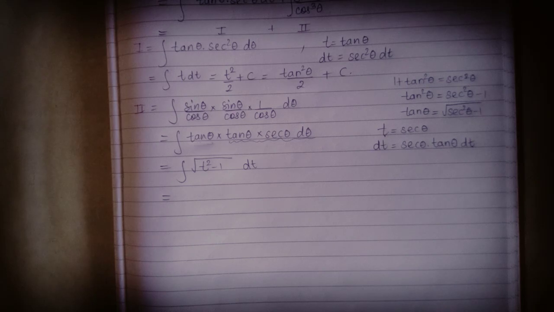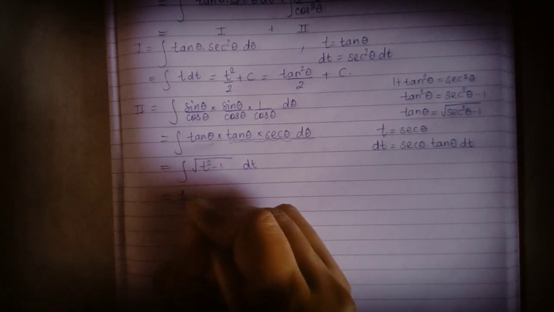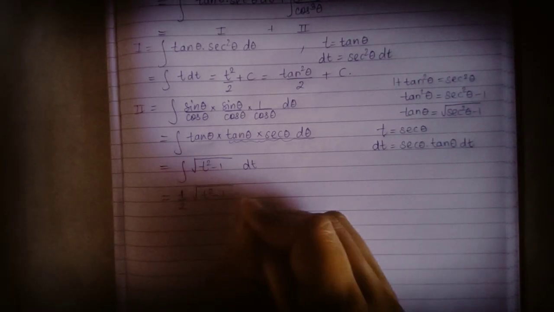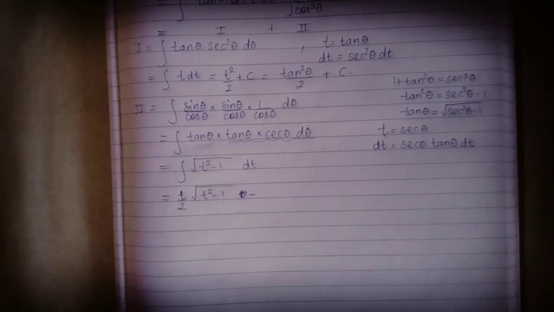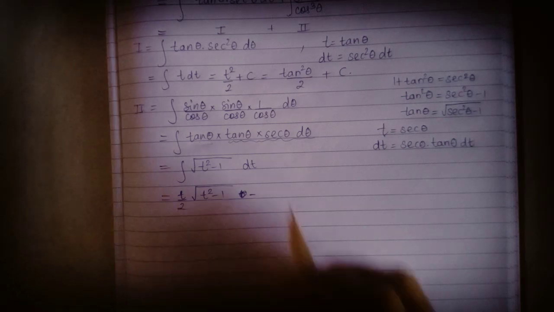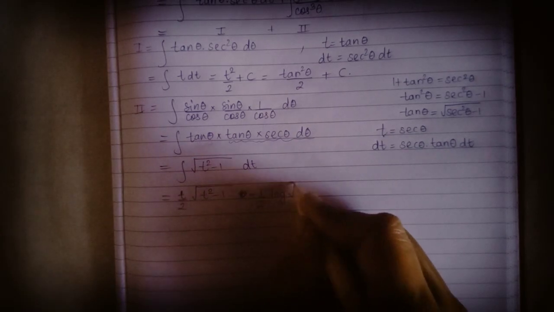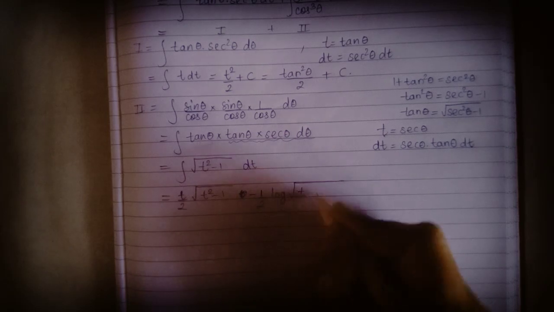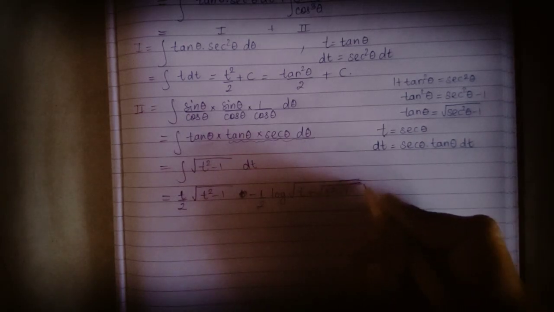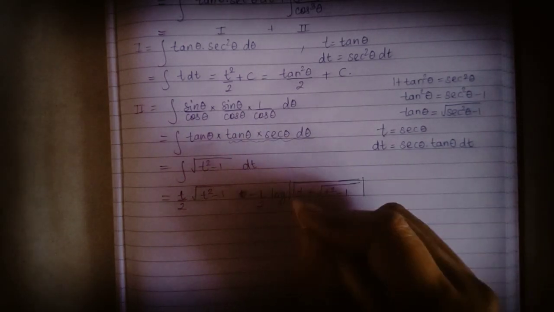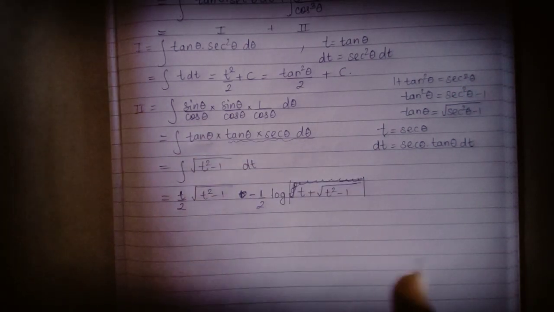So this is x by 2, so t by 2 into root of t square minus 1, minus a square by 2, a is 1, log of x plus, so t plus root of t square minus 1, that is, x plus root of x square minus a square, plus c.